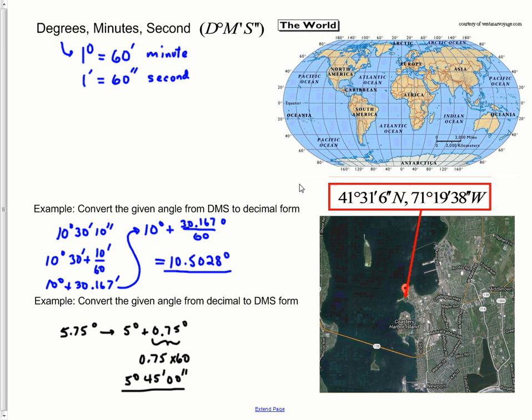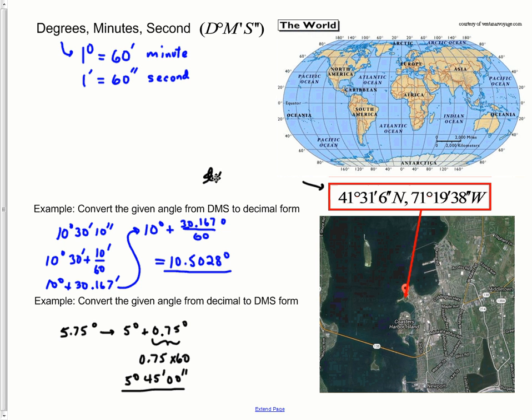Just by way of interest, our school happens to be in Newport, Rhode Island, located at 41 degrees, 31 minutes, 6 seconds north, 71 degrees, 19 minutes, 38 seconds west. If we wanted to do that, I'm going to give you an assignment here. Convert your latitude and longitude where you are currently.